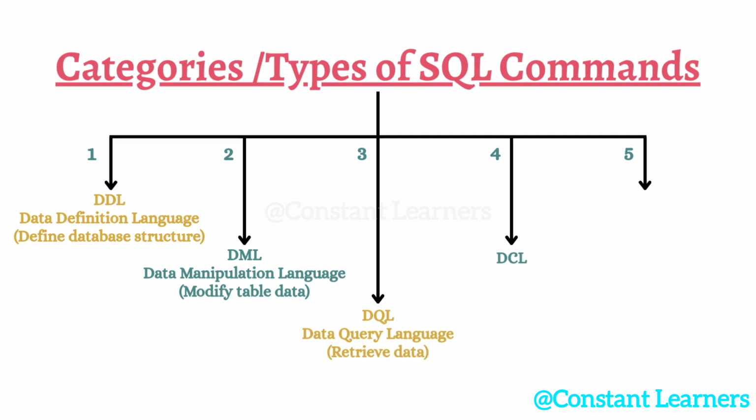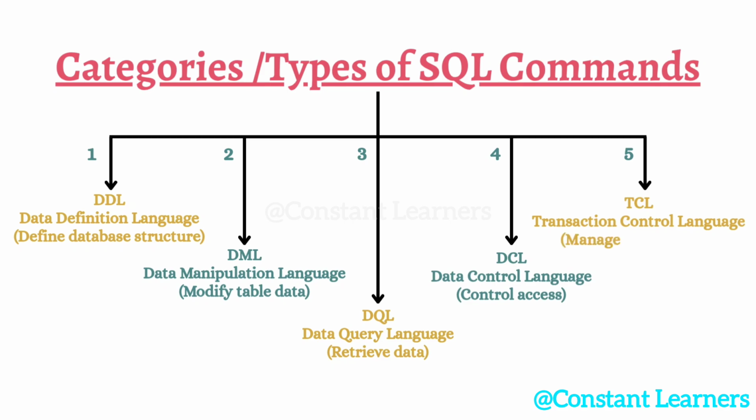Fourth is DCL, data control language, which is used to control the user access to the database. And fifth is TCL, transaction control language, which is used to manage the transactions. All right, let's discuss each of these in detail.